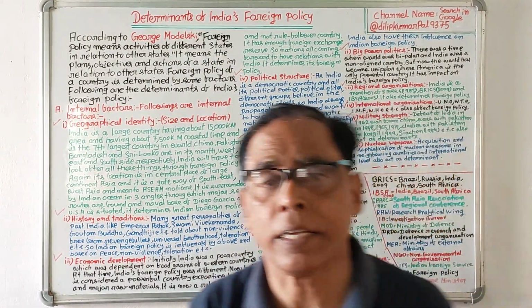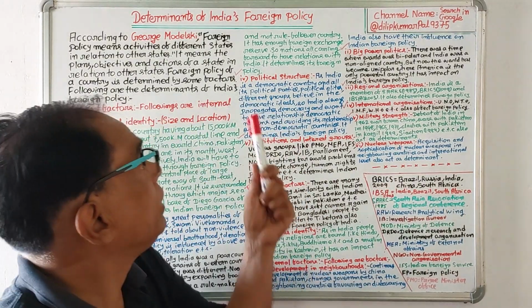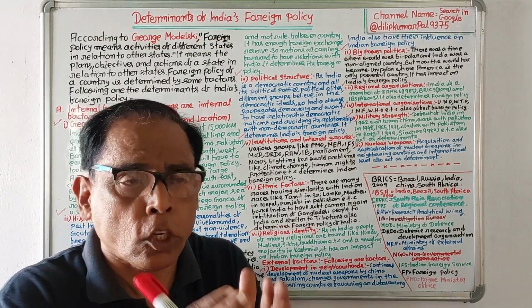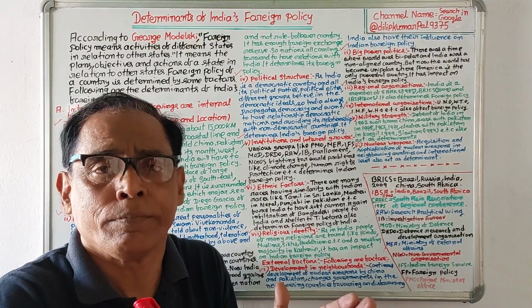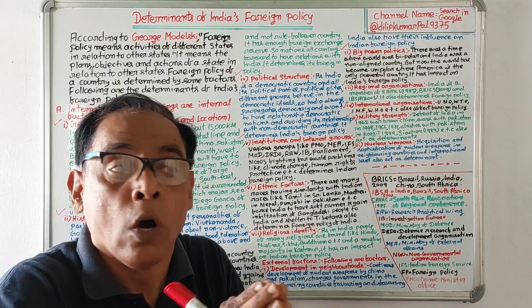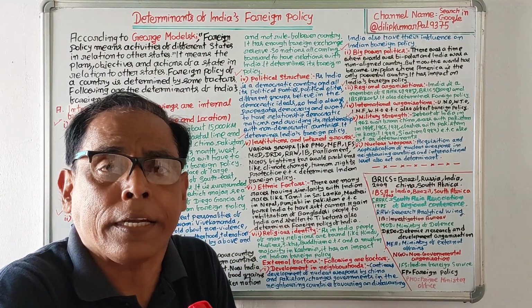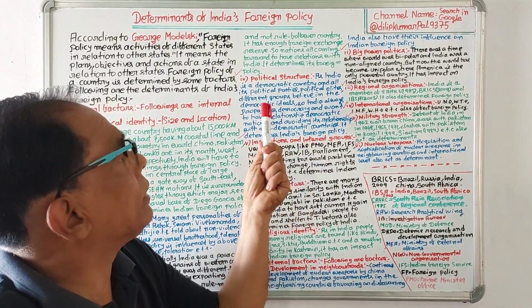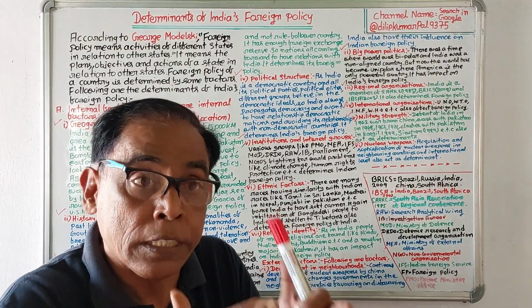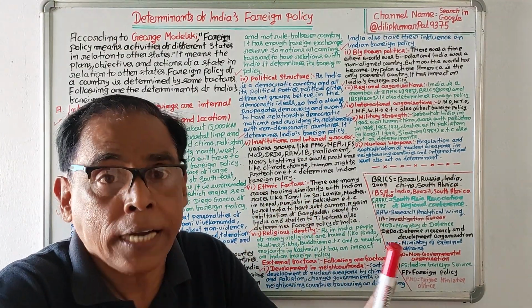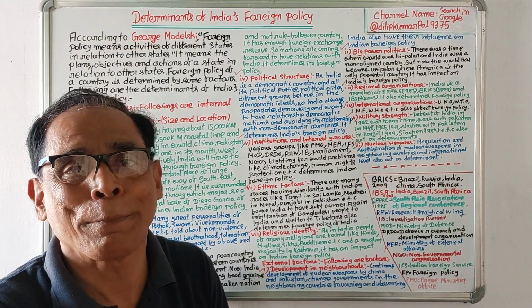So the fourth factor that determines India's foreign policy is the political structure. Political structure means the political ideology. Now India has democracy. All its political parties, political elites, and different groups believe in democratic ideals. And India also propagates democracy in the world.